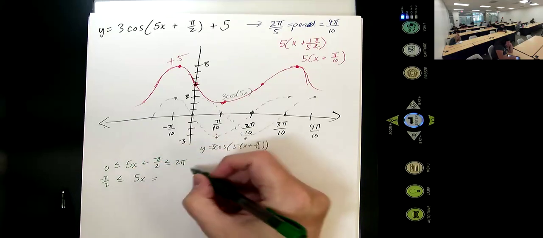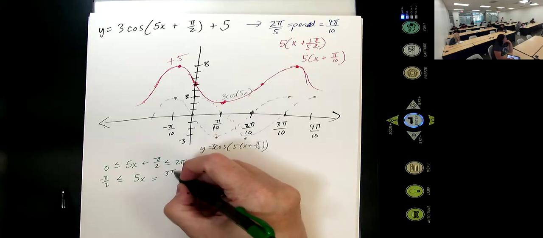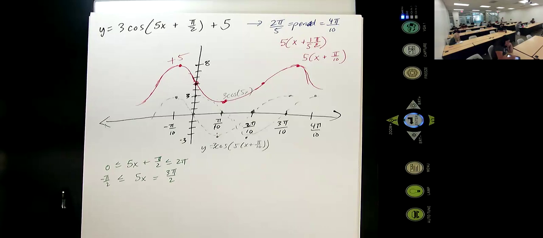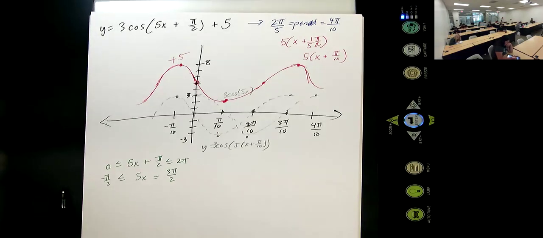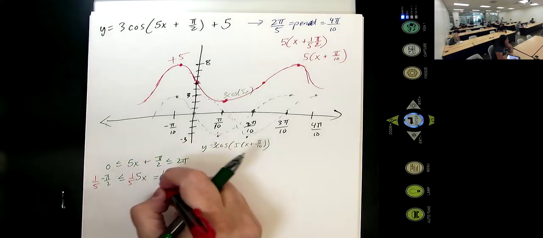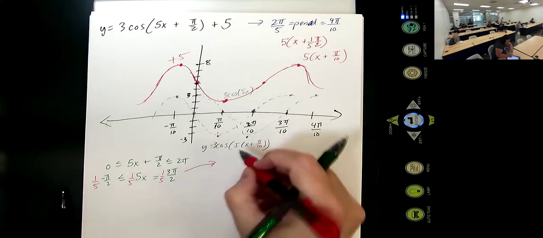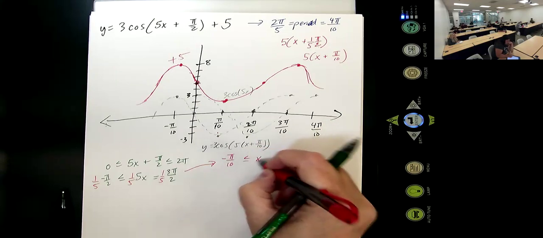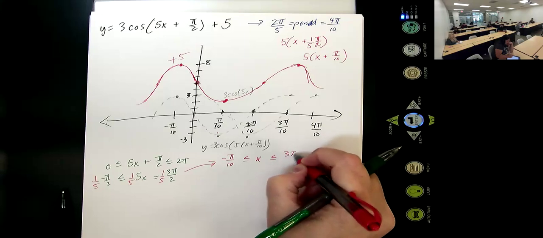And 2 pi minus pi over 2 is 3 pi over 2. I'll multiply everything by 1/5 to clear the fraction. And we get negative pi over 10 is less than or equal to x, which is less than or equal to 3 pi over 10.